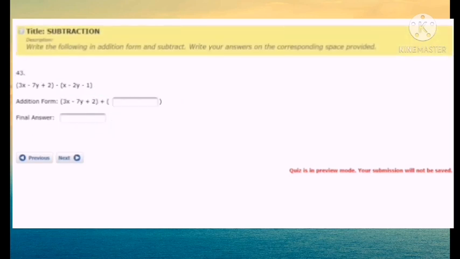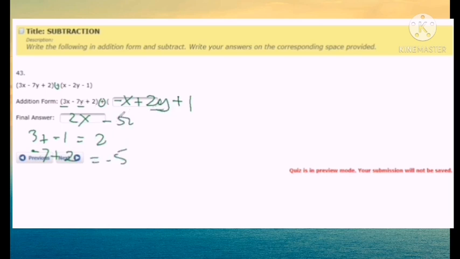Number 43. We have minus becomes plus, x will become negative x, minus 2y becomes plus 2y, and minus 1 becomes plus 1. Then 3 plus negative 3 plus negative 1, that's 2, so I have 2x. Negative 7 plus 2, that's for y, that is equal to negative 5, so negative 5y.